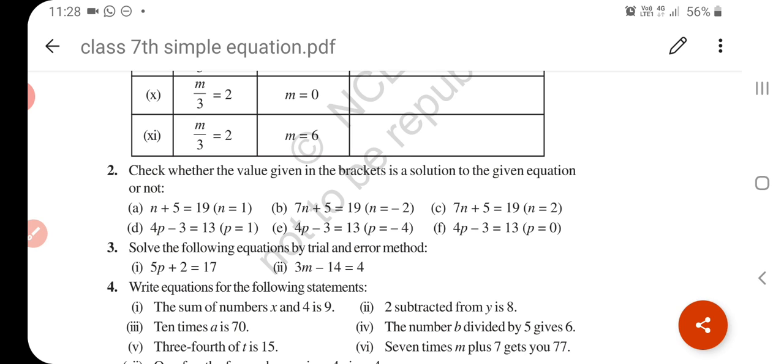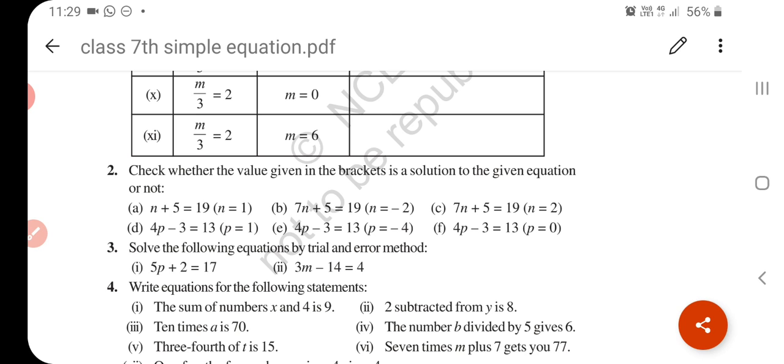That is, when we transpose a positive number or term to the other side of the equation, the sign of the number or term becomes negative. Similarly, when we transpose a negative number or term to the other side of the equation, the sign changes, means it becomes positive. Okay, same if there is a multiplication sign, then it becomes division, and if there is a division sign, then it becomes multiply.